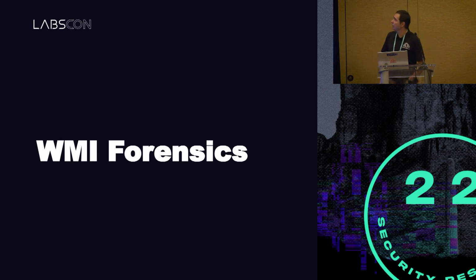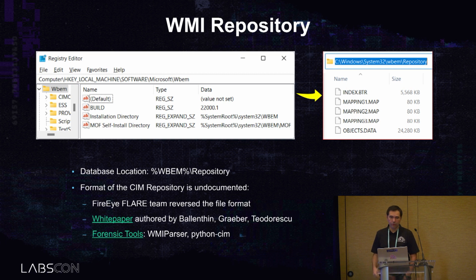So now let's talk a little bit about the repository. It's the WMI repository. Its path and files can be found in the registry, and it consists of 3 types of files. First is the index.btr, which is the index file for the WMI repository, implemented as a B-tree on disk, and stores the search path strings in pages.